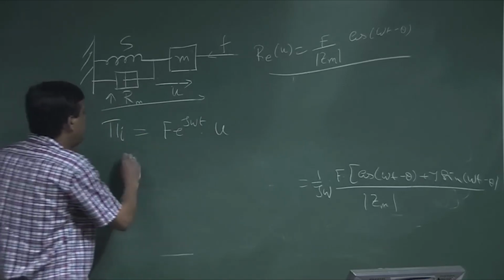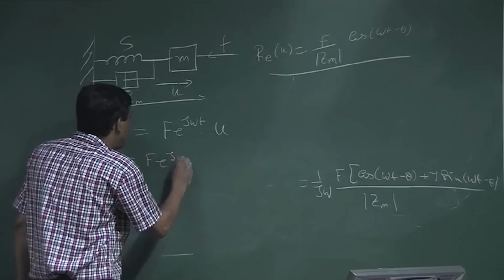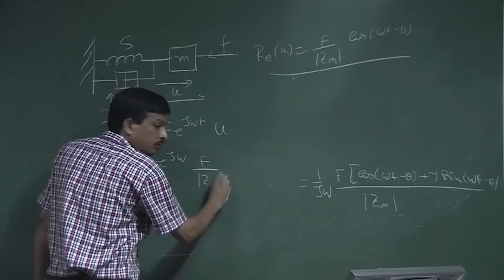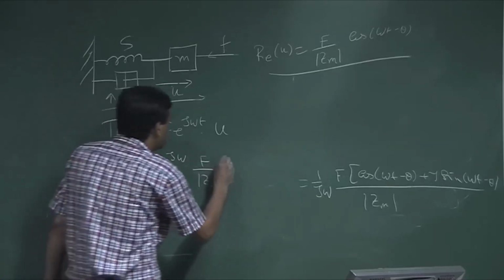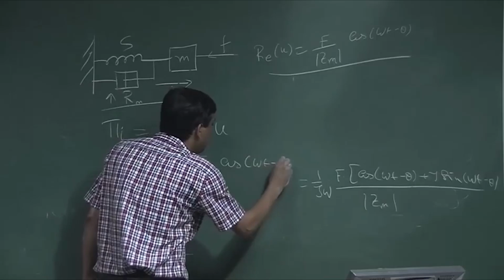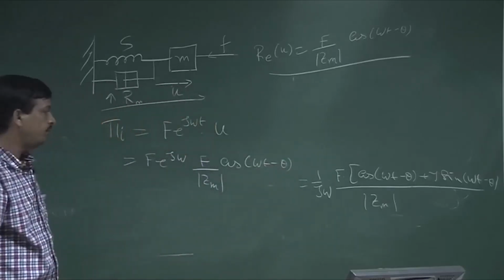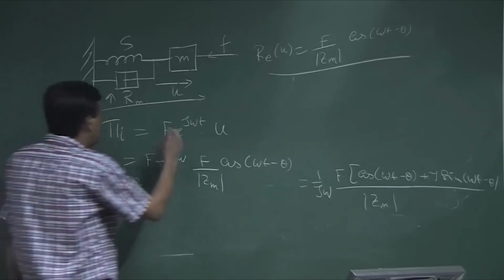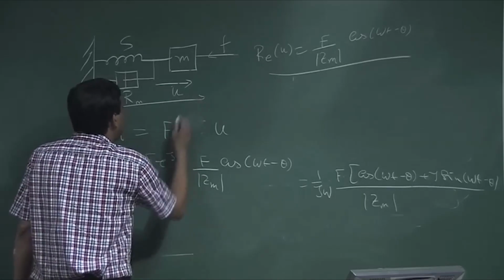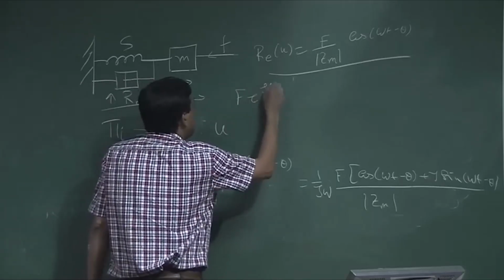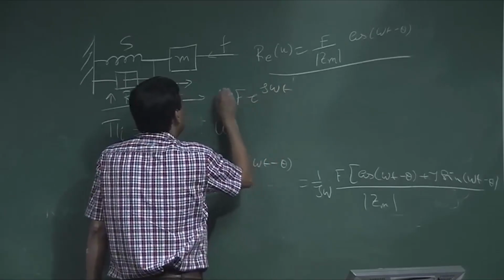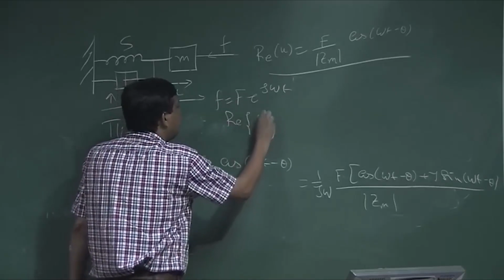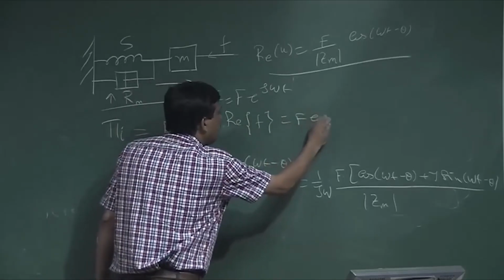Okay. So what is the speed? What is the real part of the speed? F by mod of Zm cos of omega t minus theta. Or what is the real part of the force? Instead of e to the power j omega t, F is nothing but the real part of F, which is F cos omega t.